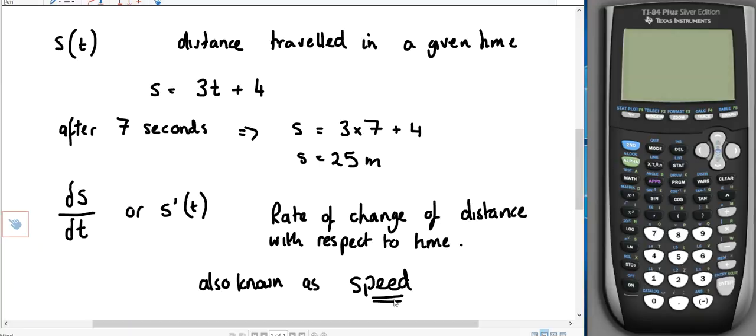So if your distance is changing over time, that means you are moving, yes? And the more distance you cover in the same time, the faster you are going. So the rate of change of distance with respect to time is also known as speed.